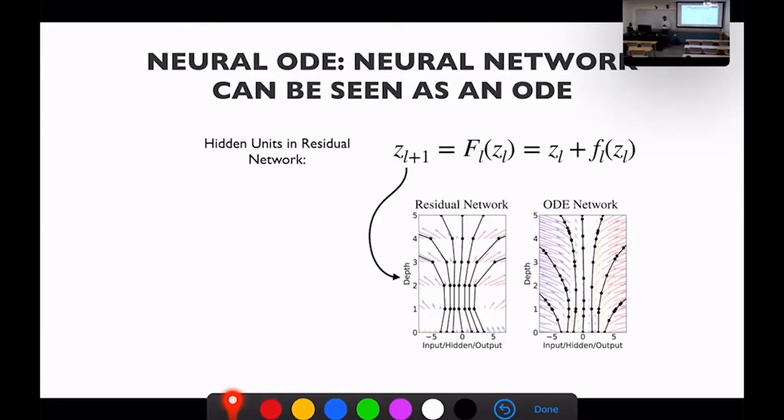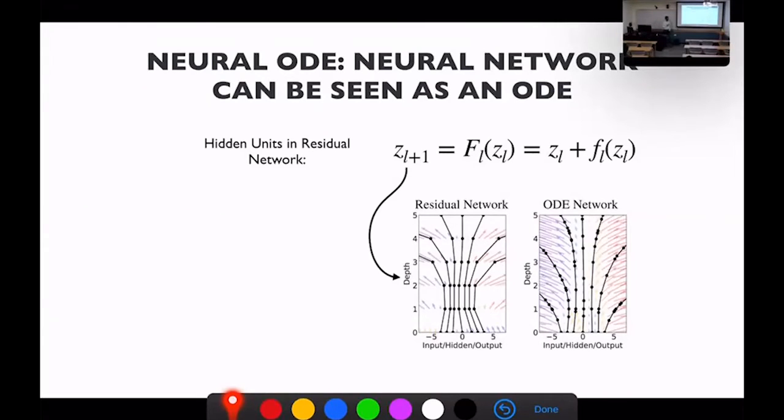What they found out was that the residual network is one of the most common neural networks. If you Google best image classification models, you will see that residual networks are among the top networks.